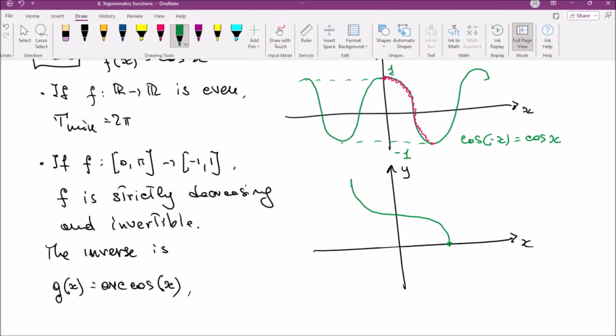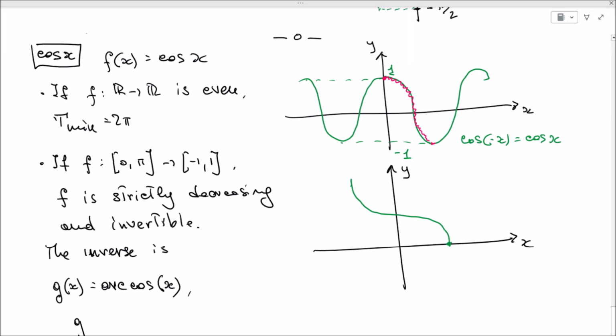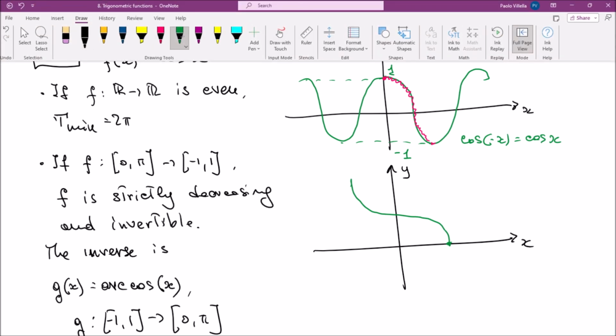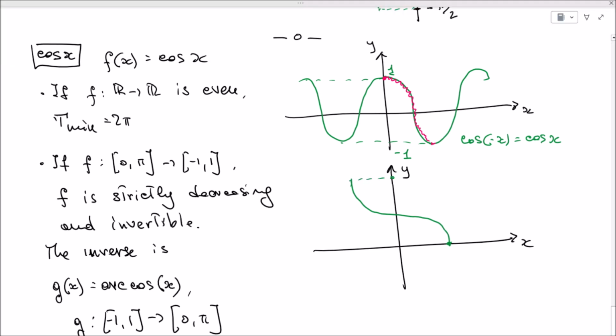Now, of course, this function g goes from minus 1 to 1, to 0 pi. So this will be pi. This of course is 0, this is 1, and this is minus 1.